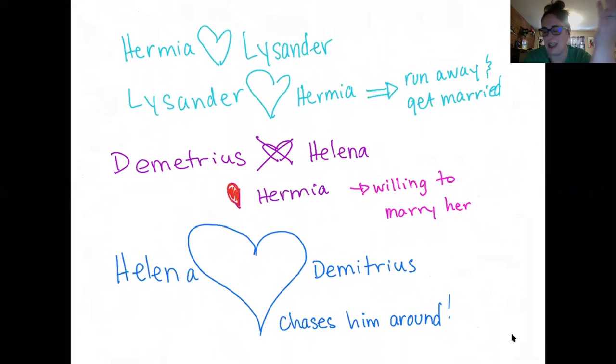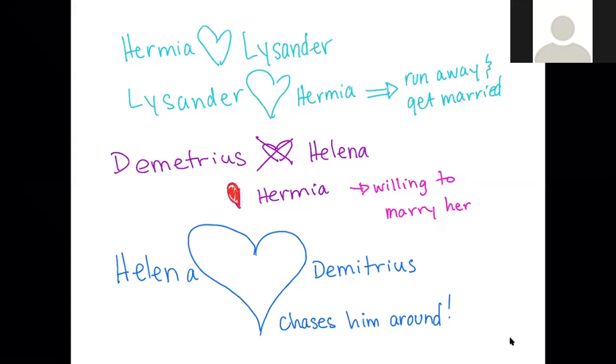So why do you think Demetrius goes off into the woods? To get Hermia away from Helena? To look for Hermia, because she and Lysander run away into the woods. He's desperate for one girl.